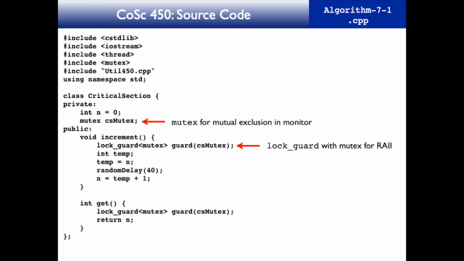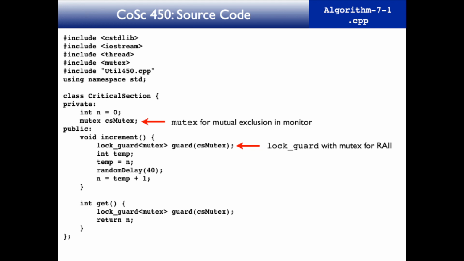Now, here's how it works. Look at our void method increment. Instead of having the programmer write csmutex.lock at the beginning and then writing csmutex.unlock at the end, we use a local variable named guard to do the locking and the unlocking for us automatically.